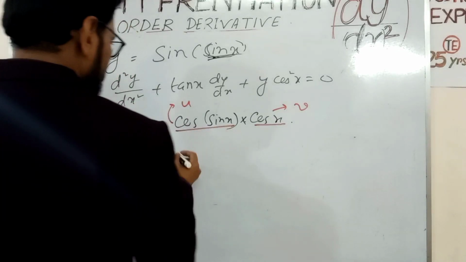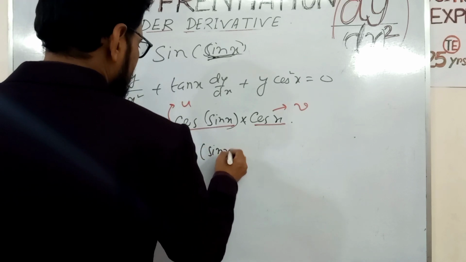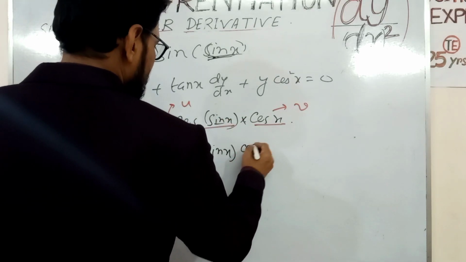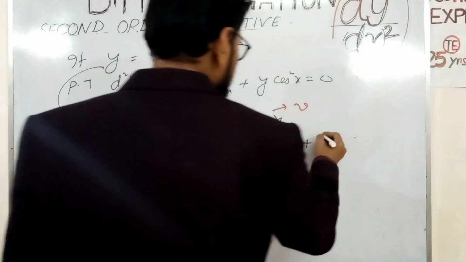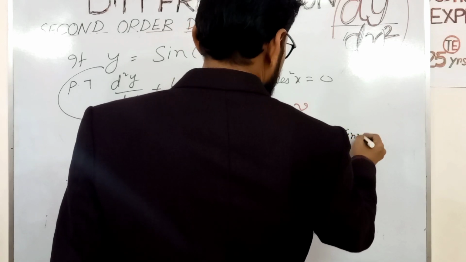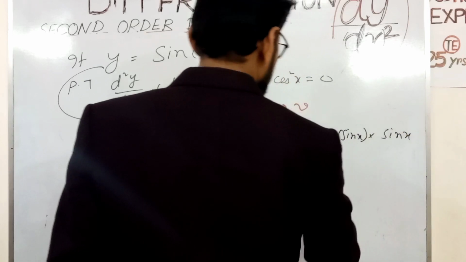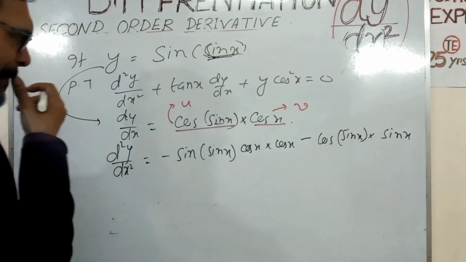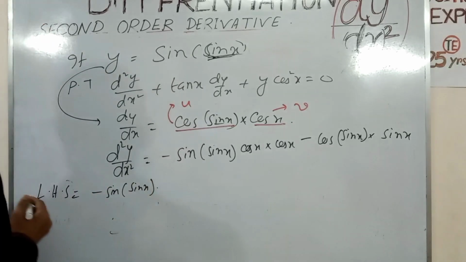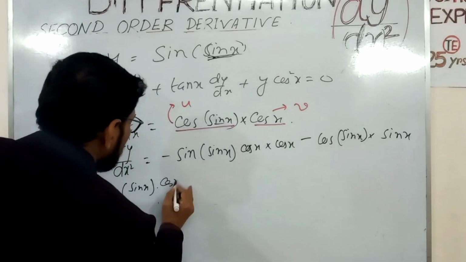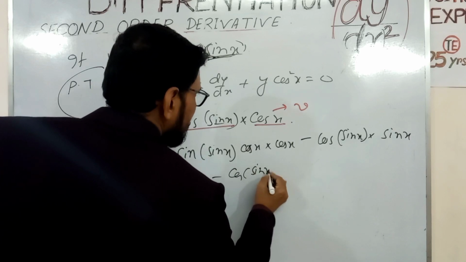Derivative of this is minus sin of sin x into derivative of sin x, which is cos x, this being constant, plus, with this constant, into derivative of cos x, which is minus sin x. So here we write minus. It's minus sin of sin x into cos x, minus cos of sin x into sin x.